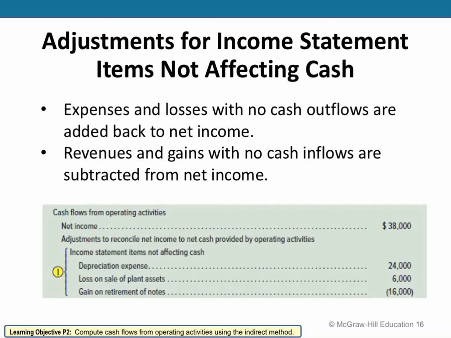So for example, depreciation expense will lower net income but has no impact on cash either as an inflow or an outflow. So that depreciation expense which was taken out of net income needs to be added back into net income. Similarly, the loss or gain on some of these sales is not going to be directly impacting cash either as an inflow or an outflow. So the losses will need to be added back in and the gains deducted out.